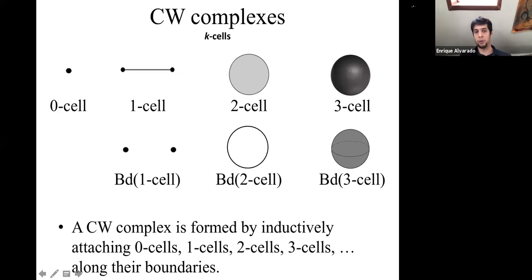Then once you place all these 1 cells, you glue all the 2 cells into what you already have placed. So you do this inductively. In the next slide, we have our first example.